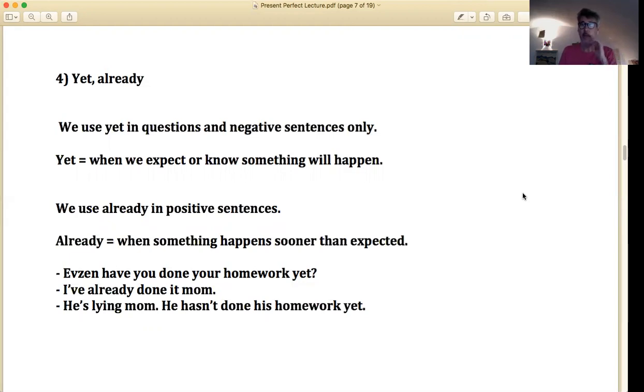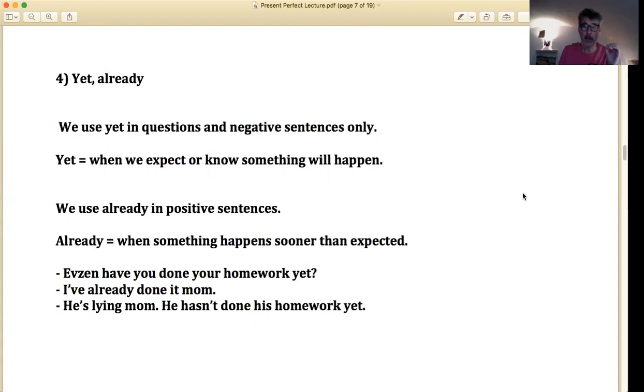So, for example, I know that Bill is going to buy a ticket to Greece. All right. I know that. We talked about it last week.